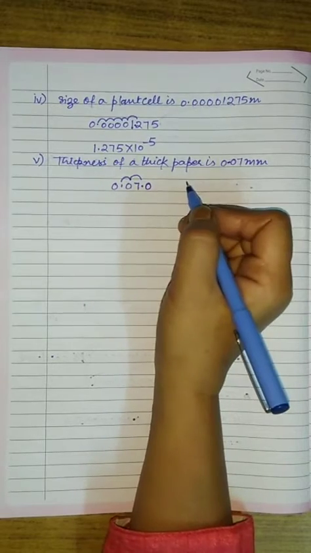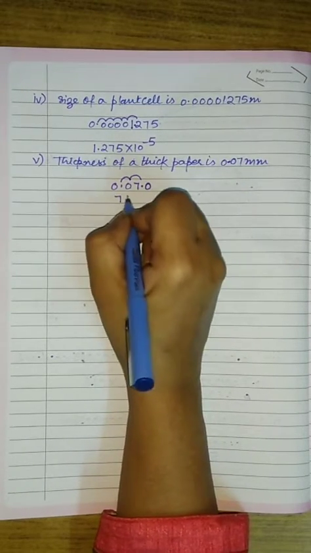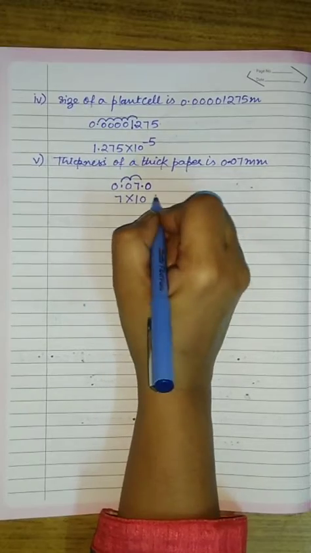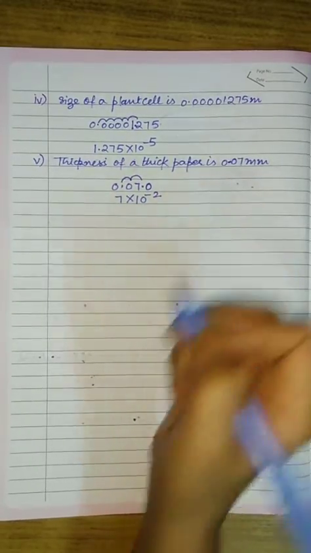So 7.0 will be written as only 7. So it will be written as 7 into 10 raised to power minus 2.